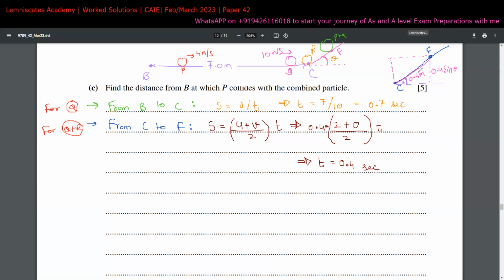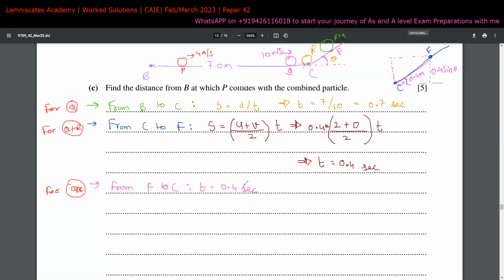Now if C to F is 0.4 seconds, automatically it means that when it comes down from F to C, it will be 0.4 seconds. The same time that it took to go up will be the same time it takes to come down. Again, this is for Q plus R. Now, what is the total time?